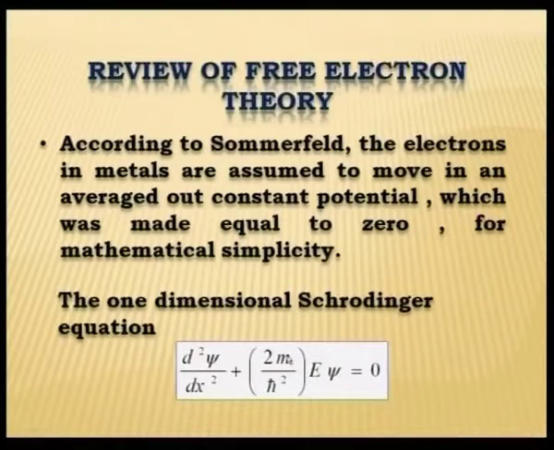The energy eigenfunctions will be ψ_k(x) = exp(ikx). Obviously, when you have an equation d²ψ/dx² + k²ψ = 0, the solution can be a sin kx or b cos kx, or a linear combination of these two, or in other words, e^(ikx).